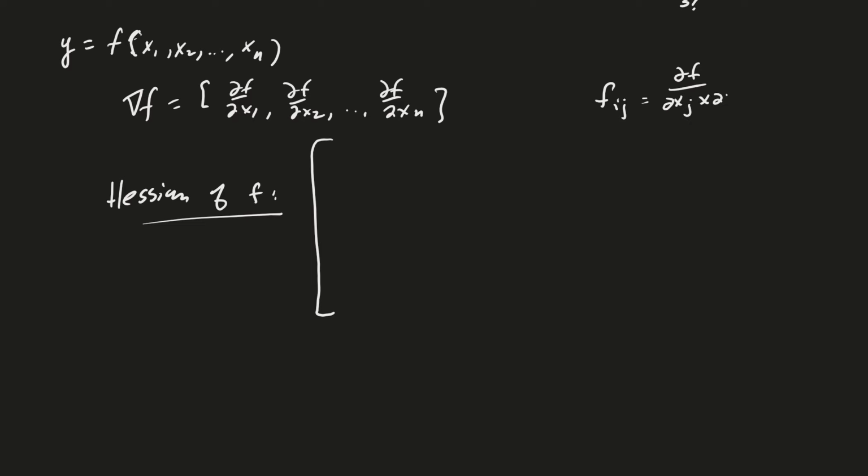Then this would be f11, f12, f13, through f1n, if we have n variables. And then f21, f22. So this is the matrix of all second partial derivatives.